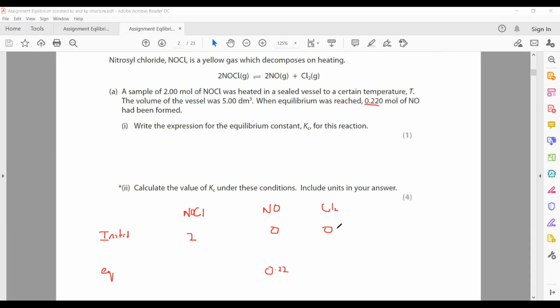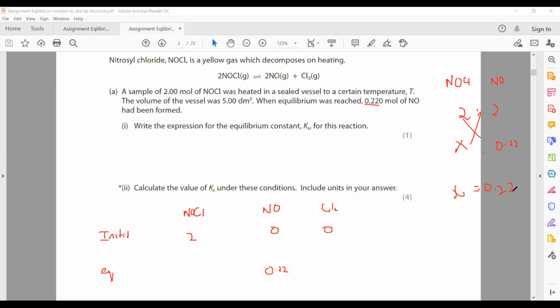So we should know the moles at equilibrium. First, we'll find how many moles of NOCl reacted. What is the ratio between NOCl and NO? The simplest ratio between them is 2:2, or 1:1. If 0.22 moles of NO are formed, how many moles have reacted? X. Cross multiply, the same number of moles have reacted.